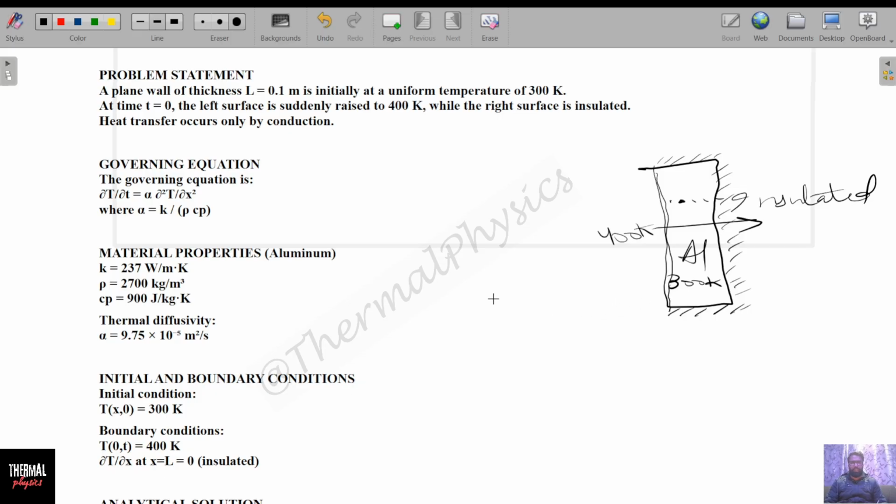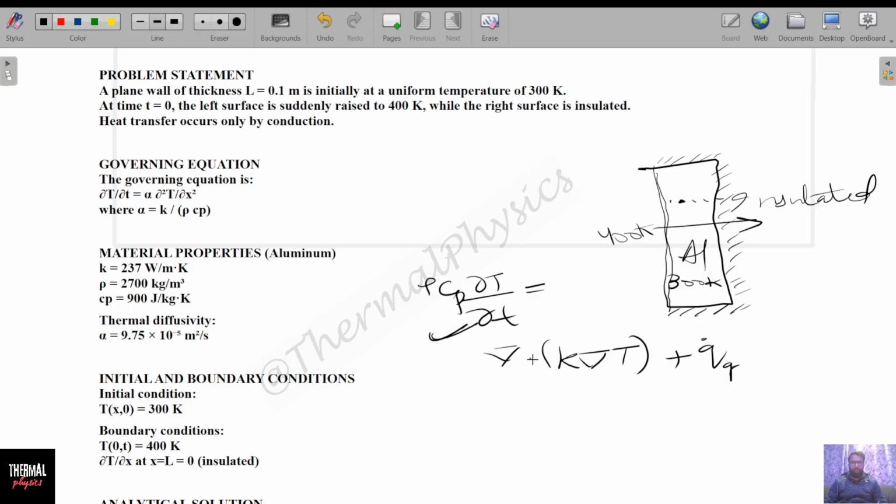So we know, since it is one dimensional and transient, we can write the governing equation. We know the general governing equation for heat transfer is rho Cp dou T divided by dou t is equal to divergence of K del T plus Q dot generation. Now since the problem is transient, we have to keep this term.